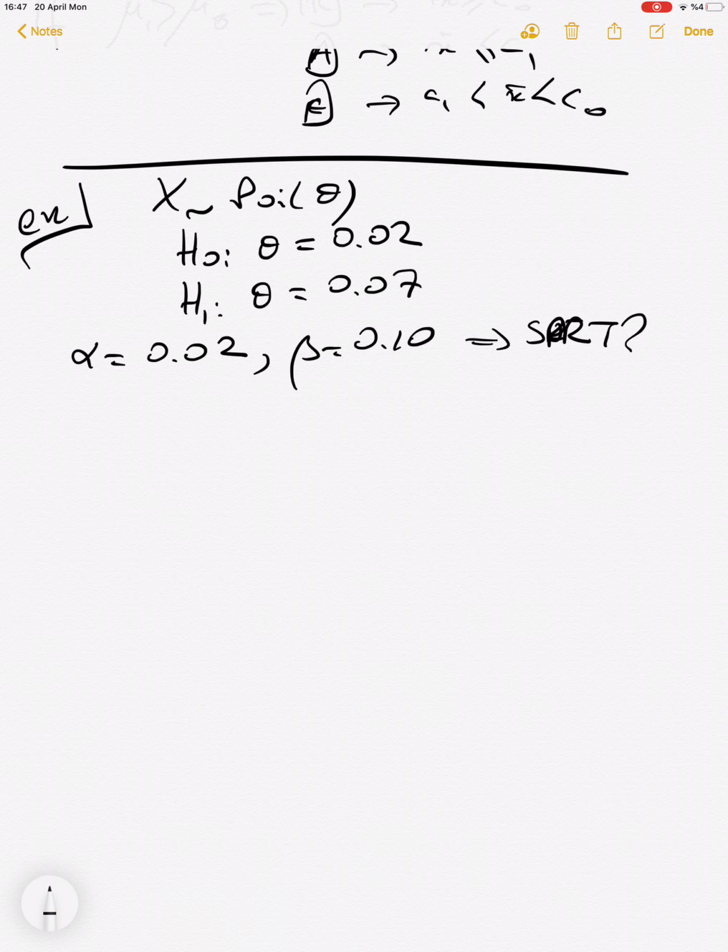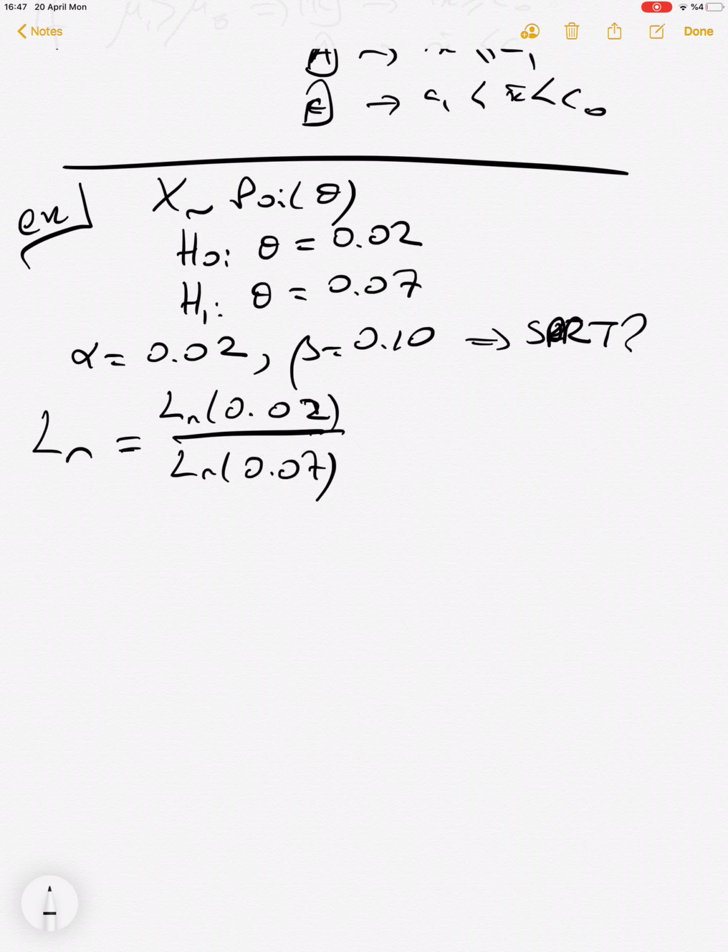So this is our question, and first of all we need to find the likelihood function under the null hypothesis and under the alternative hypothesis.